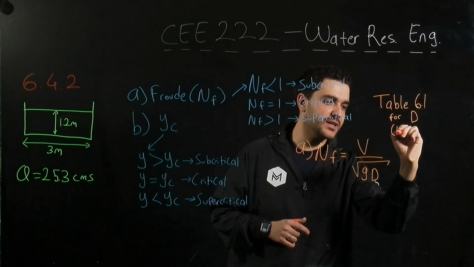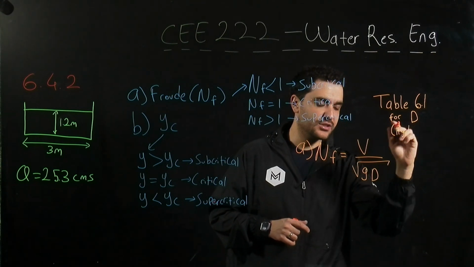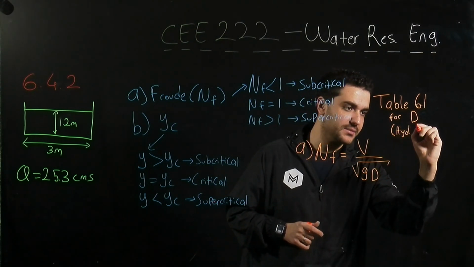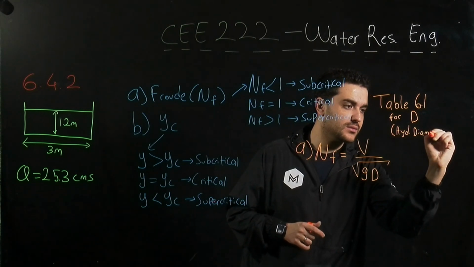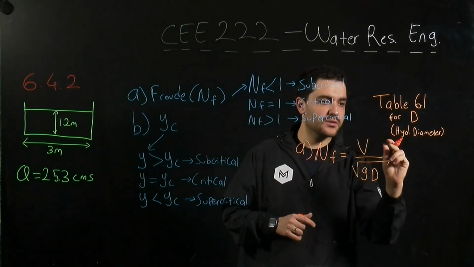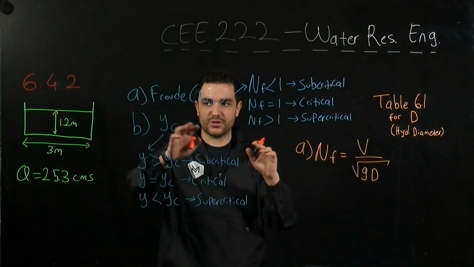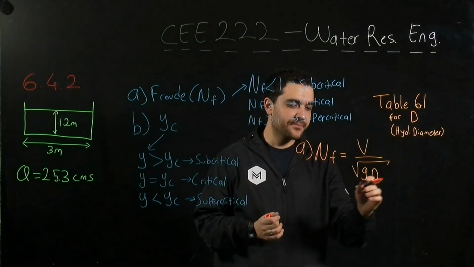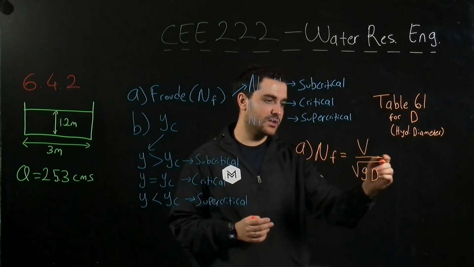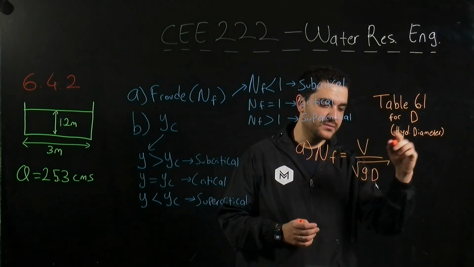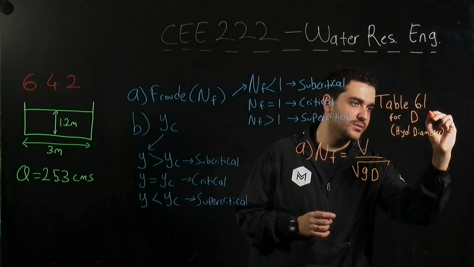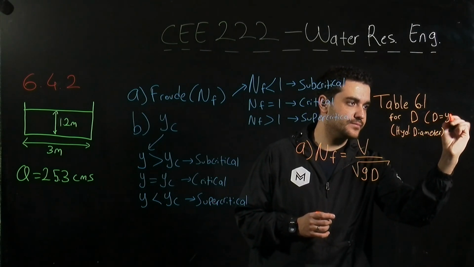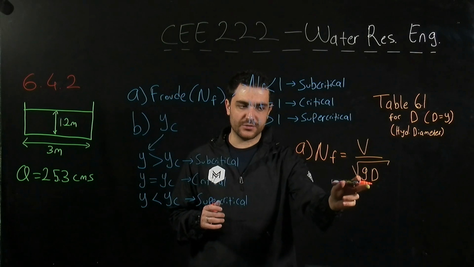Here you will see hydraulic diameter, not hydraulic depth. You will see hydraulic diameters for each of the channels, like rectangular, trapezoidal. So based on this table, hydraulic diameter for rectangular is equal to y. So you can just directly use y here.